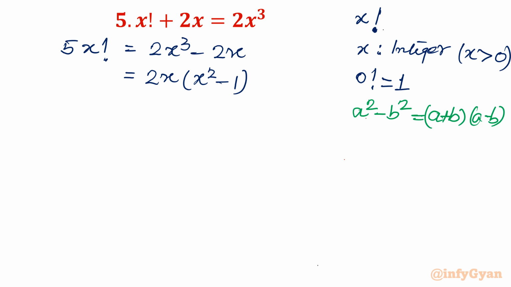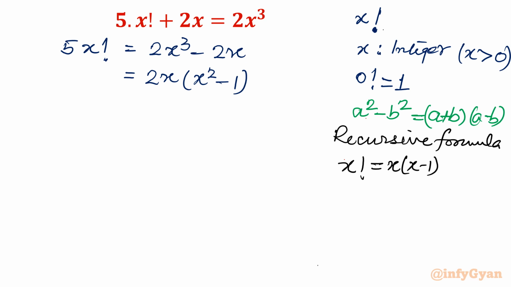On the left hand side the recursive formula of factorial will be used. What is that recursive formula? It states that x factorial can be written as x times (x minus 1) times (x minus 2) factorial.